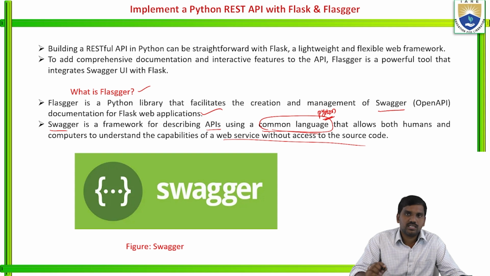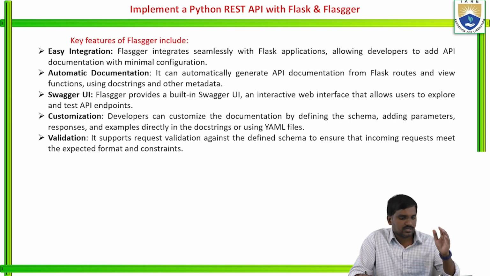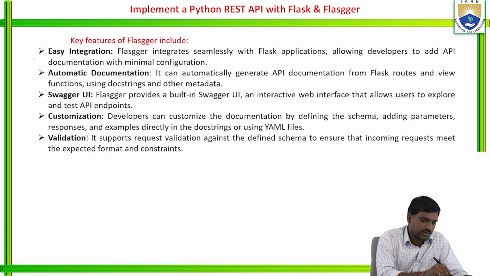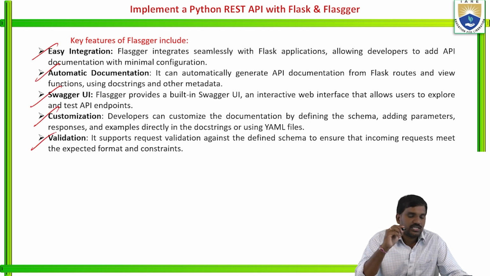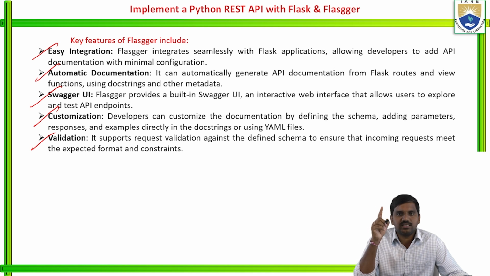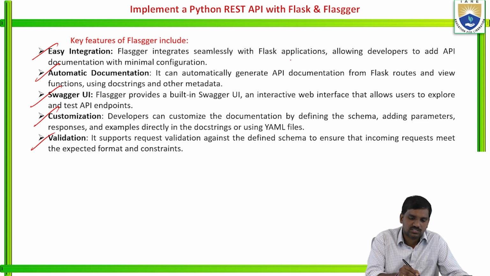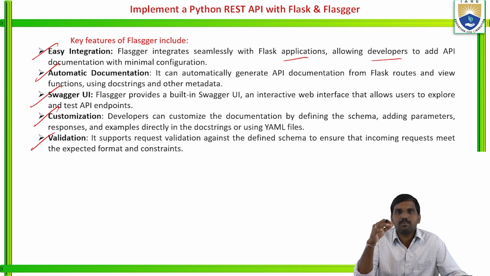This is just the introduction to what Flasgger is. Next, what are the key features of Flasgger? Here there are 5. First, easy integration. In order to integrate devices, or to dump the programming onto IoT devices, the feature is ease of integration. Flasgger integrates seamlessly with Flask applications, allowing developers to add API documentation with minimal configuration.